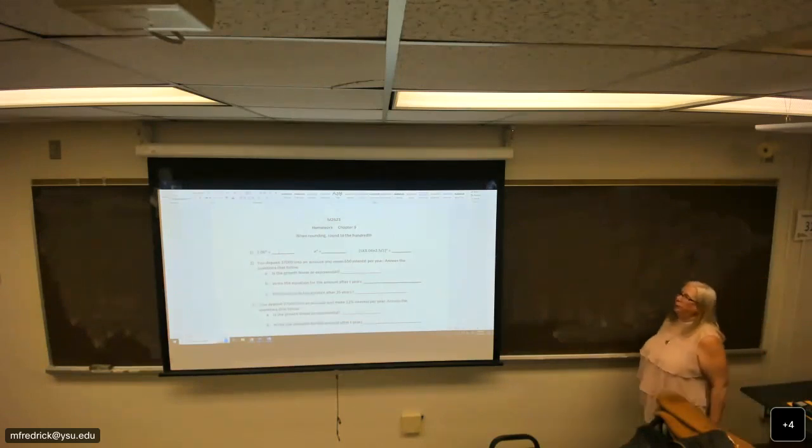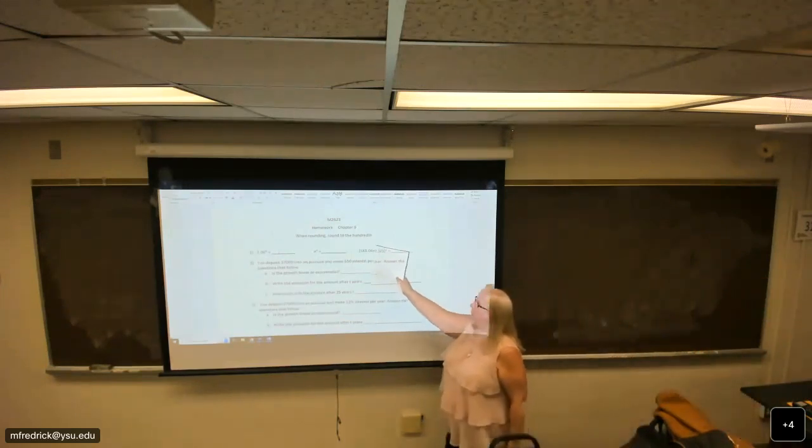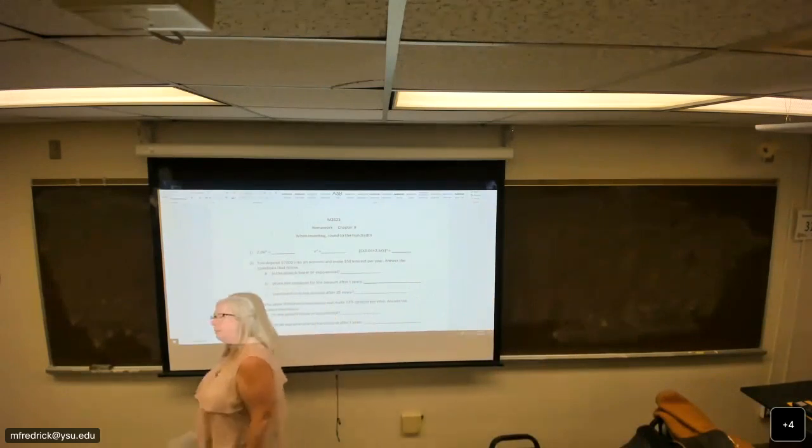We're rounding to the hundredth. It says to round everything to the hundredth. What decimal place is the hundredth?